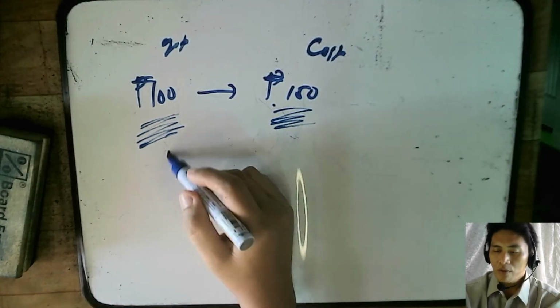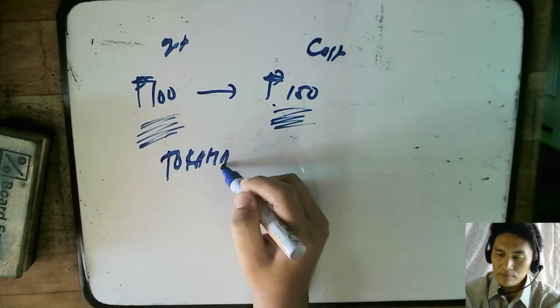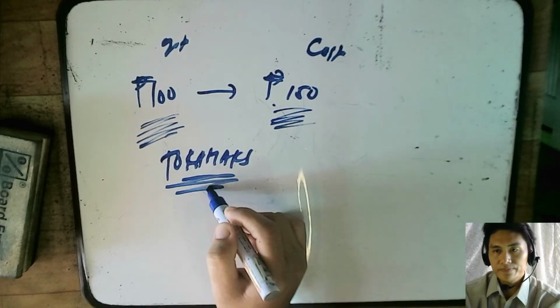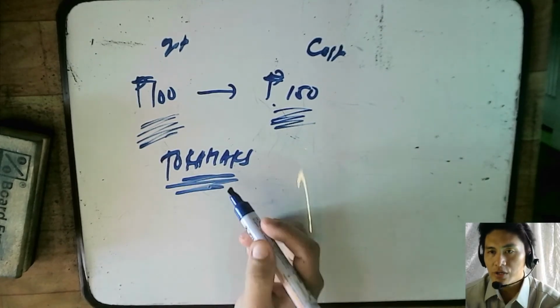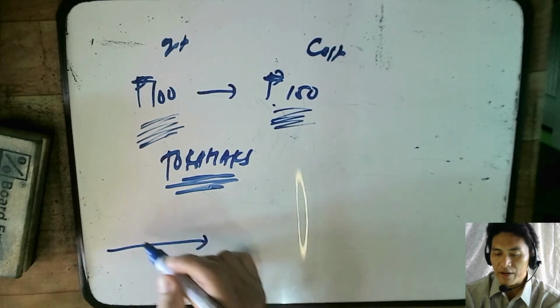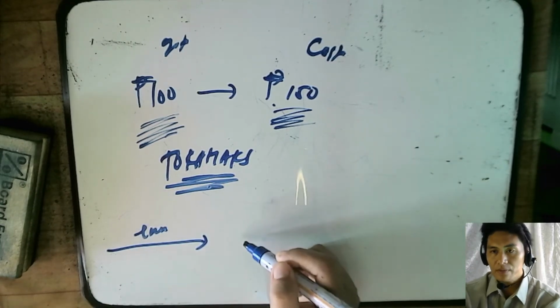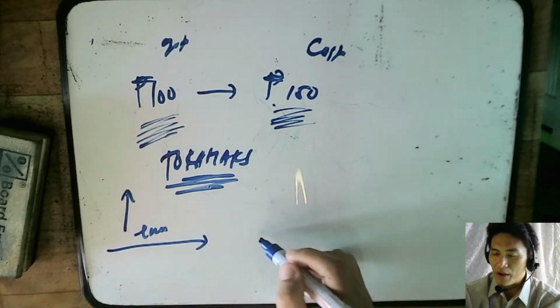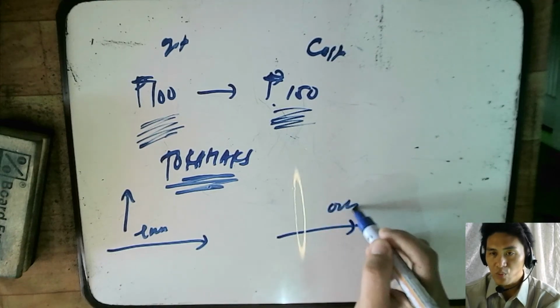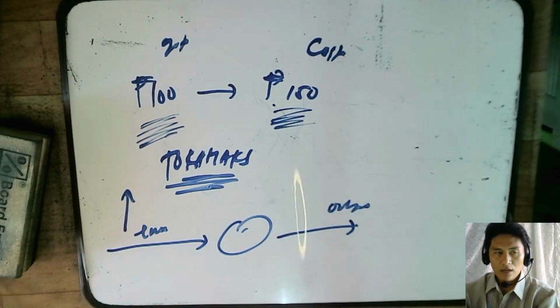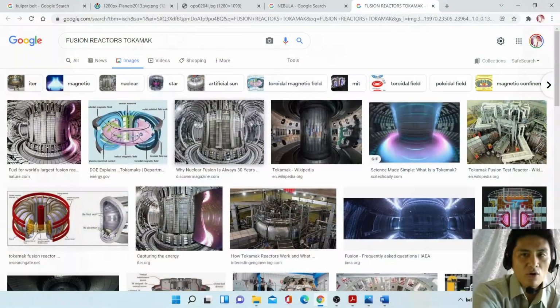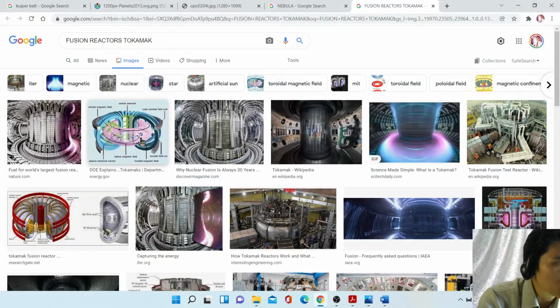So right now, tokamaks work. Okay? We can make fusion. The problem is the amount of energy we input is so high compared to the amount of energy that we get out of it. So to operate these tokamaks, we have to create strong magnetic fields, right?